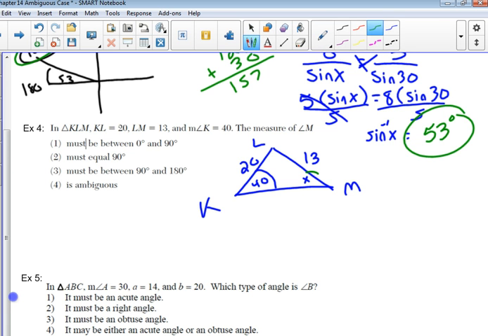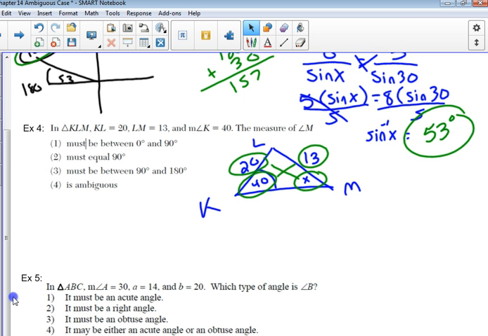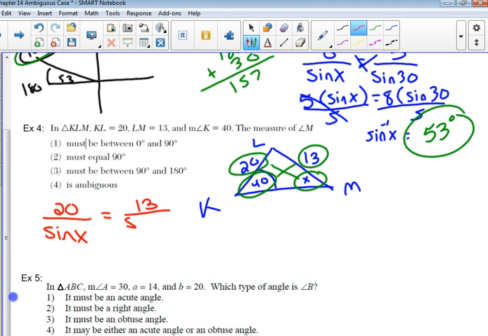Okay. All right. Well, if you guys try this, can we figure out what angle M is? Yeah, let's find it. Let's quickly set it up. And then let's try to get an angle.